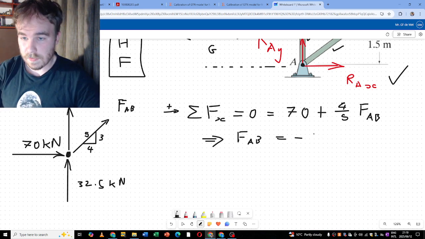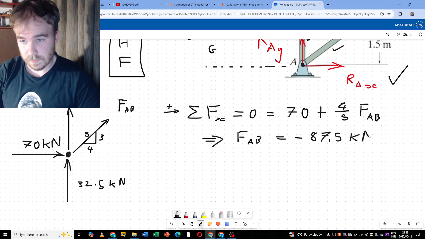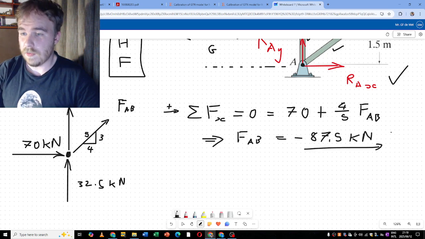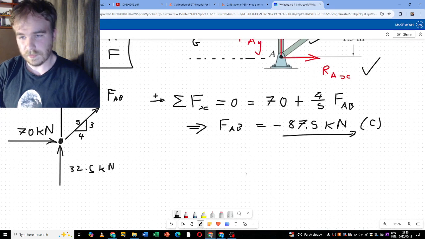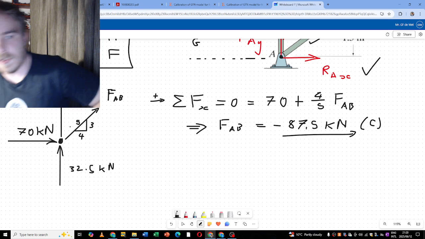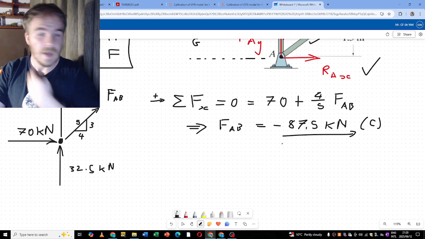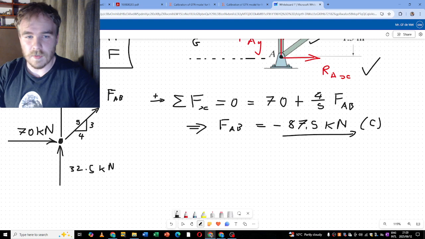And then we get minus 87.5 kilonewtons. And we see this one is a compression force because it's negative, and we assumed that it was going to be in tension, so we assumed tension was positive, and we got a negative, so then it's a compression force.